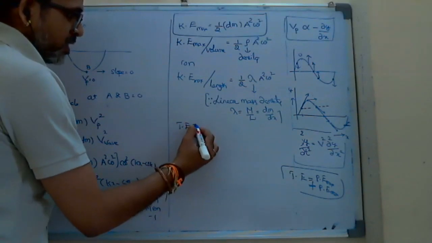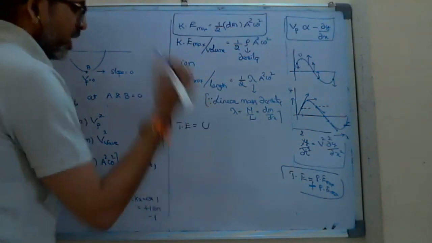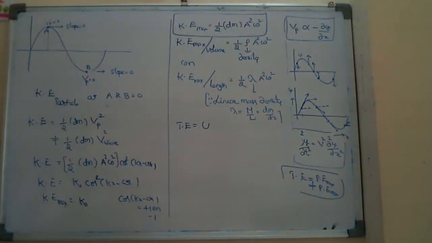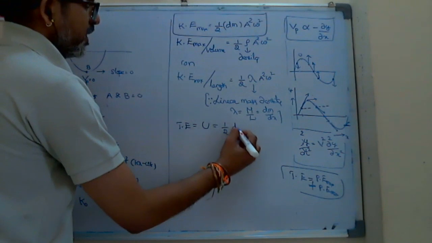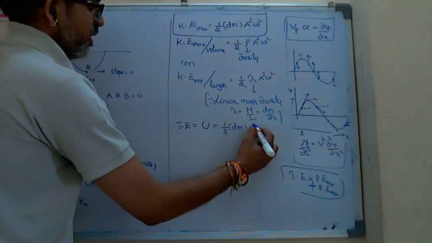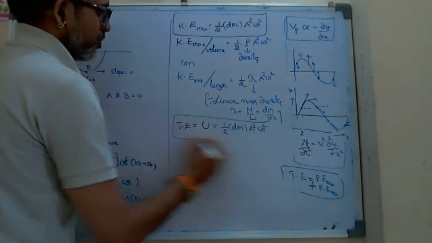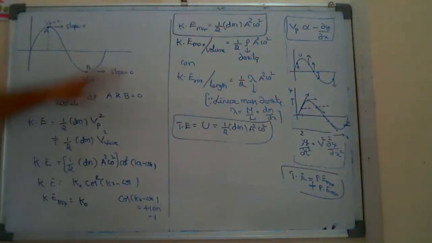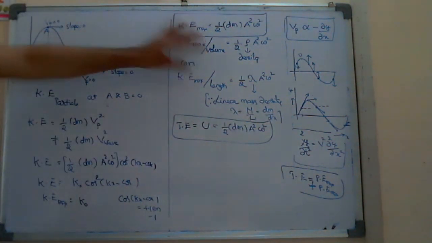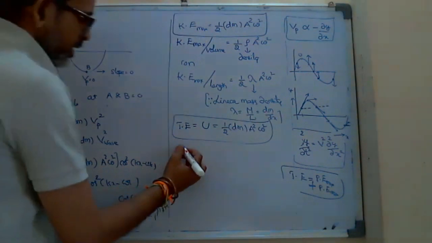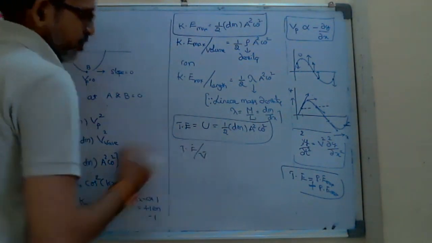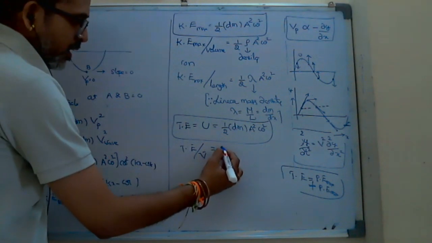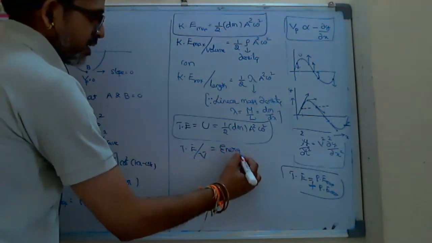So the total energy, if you represent it with the letter U, you get dm into A square omega square. In the same way, the total energy per unit volume is actually called the energy density.